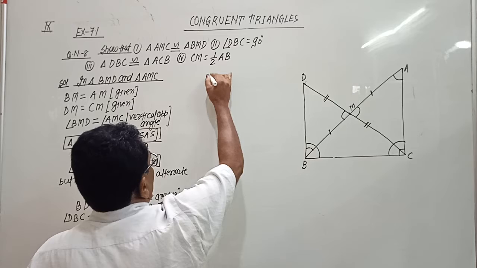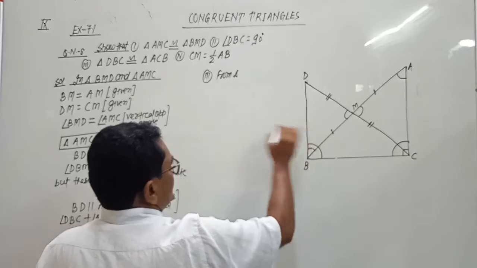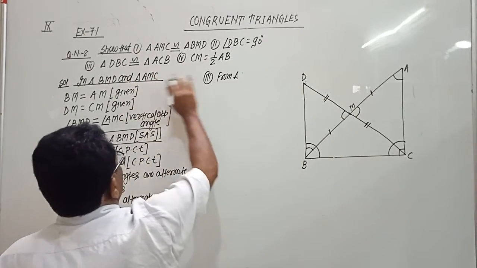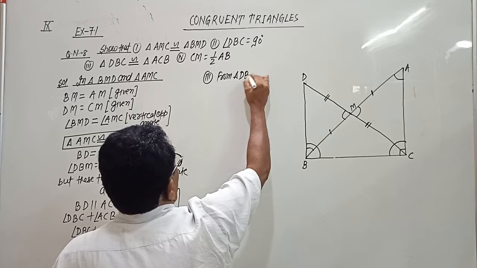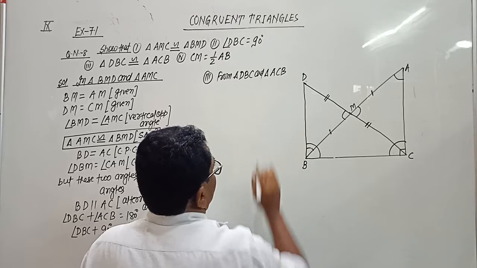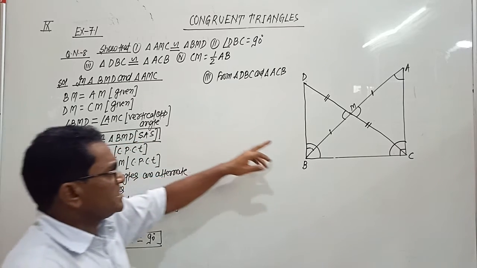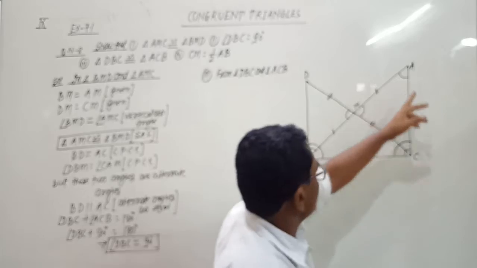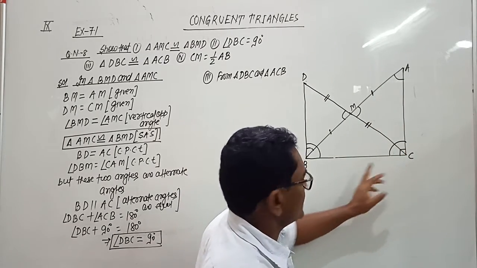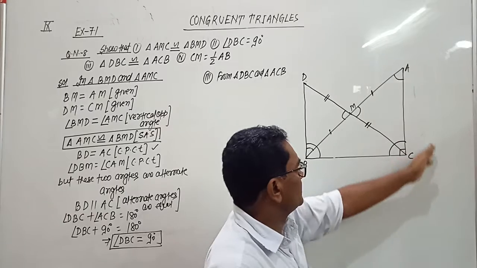Now for the third part, from triangle DBC and triangle ACB, we have already proved that side BD equals AC by CPCT.